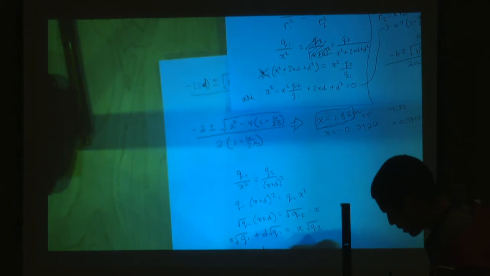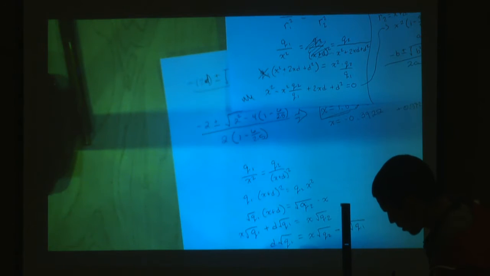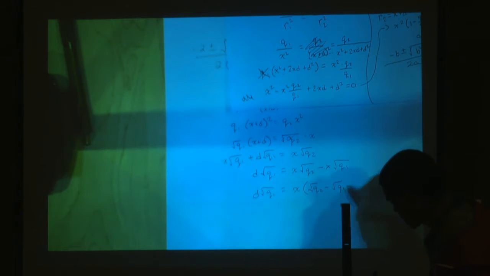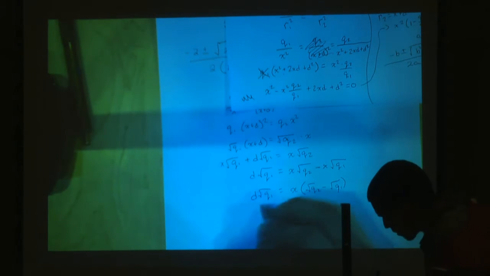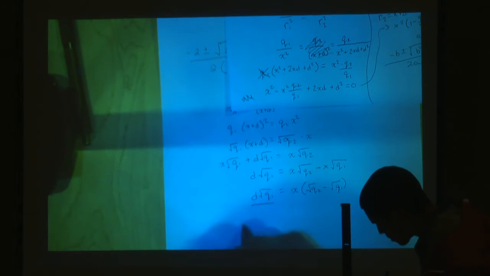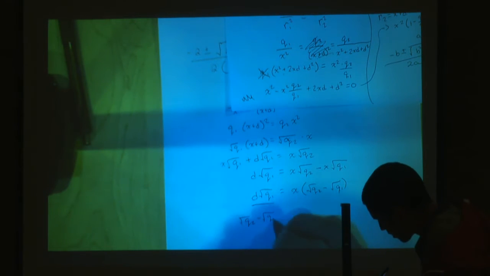So then we have d times the square root of Q1 equals x times the square root of Q2 minus x times the square root of Q1, and then divide by, well, let's see if we get the right answer. Q2 minus, looks right.